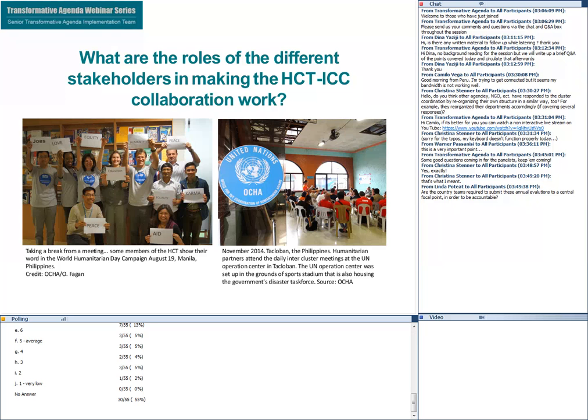And what is also important is everything related to a parallel process, to the informal influencing that happens outside the meetings. NGOs do have direct links and direct relationships with cluster lead agencies, individuals who sit on the HCTs or the ICCs, but also the humanitarian coordinator.